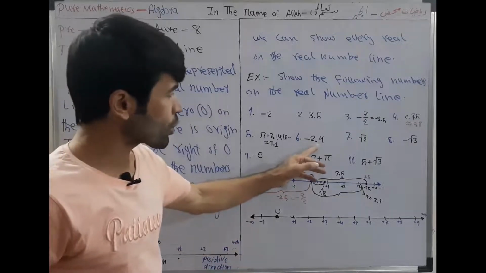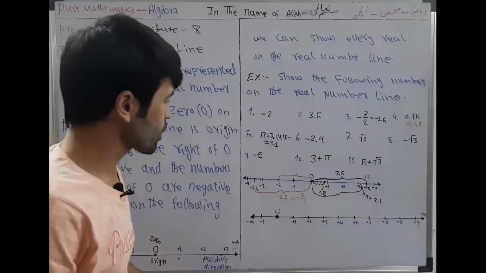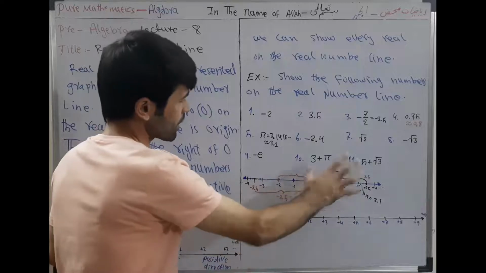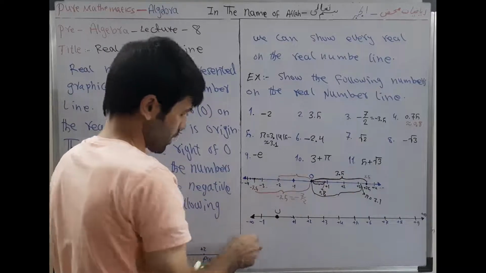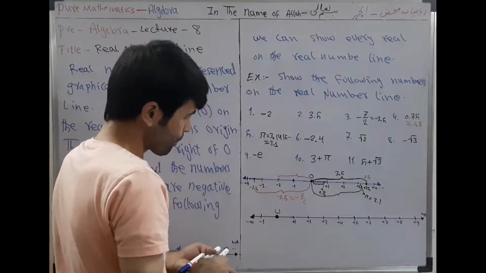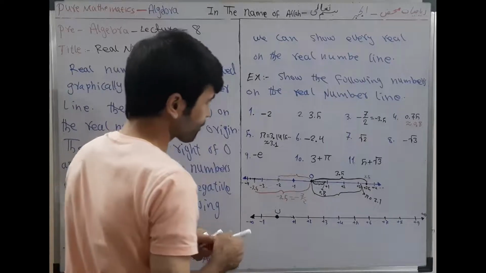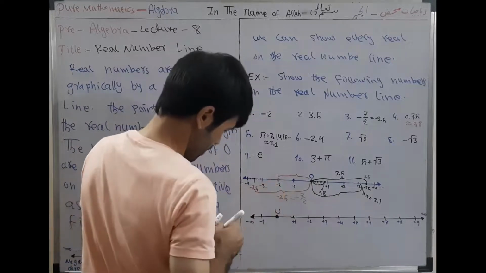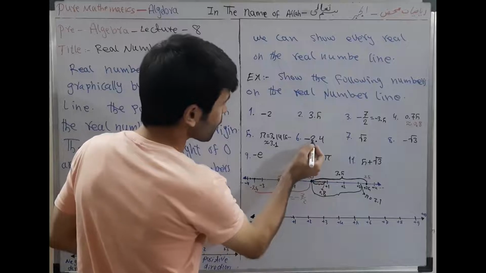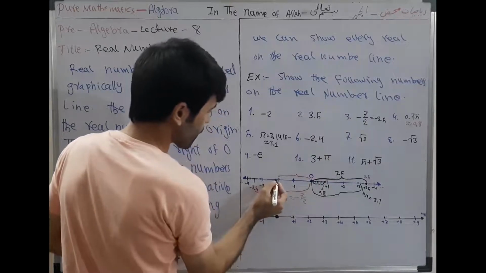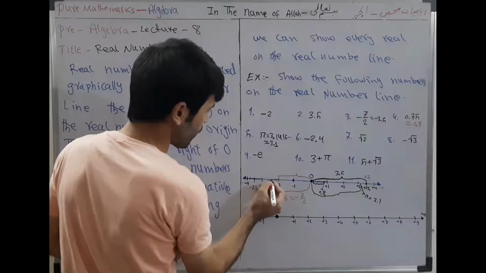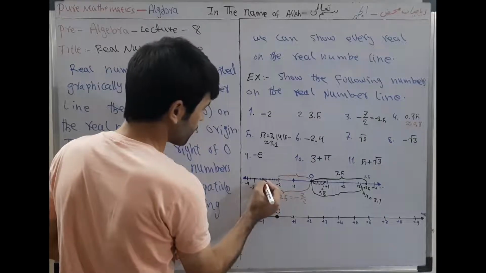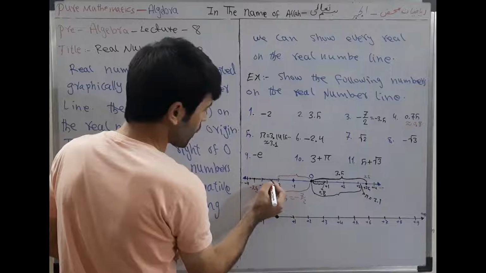Next one, minus 2.4. Here it is enough. In the next, 2.4 is here. Minus 2.4: 1, 2, 3, 4, 5, 6, 7, 8, 9, 10. 1, 2, 3, 4 here.